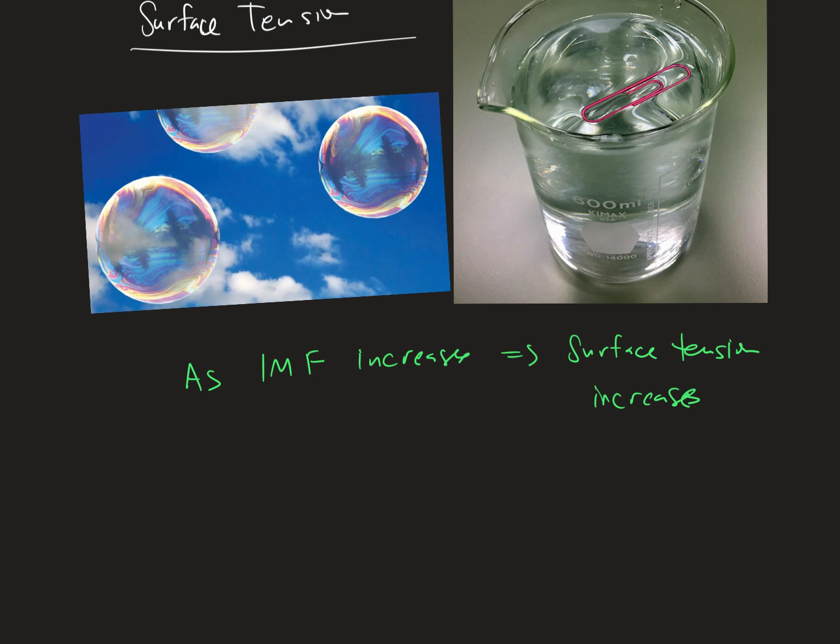But this surface tension is a common property of hydrogen bonding. Since it has a higher intermolecular force, it's going to have that surface tension. And this is also for liquids. You won't have it for gases.